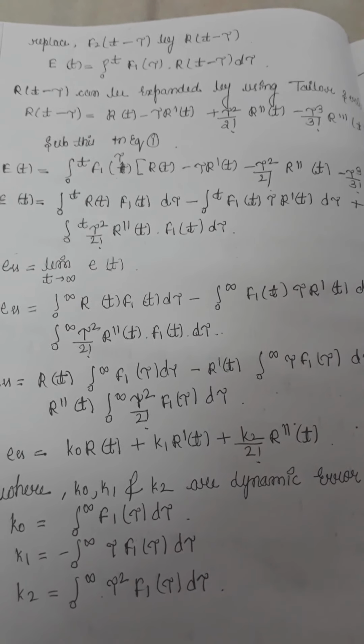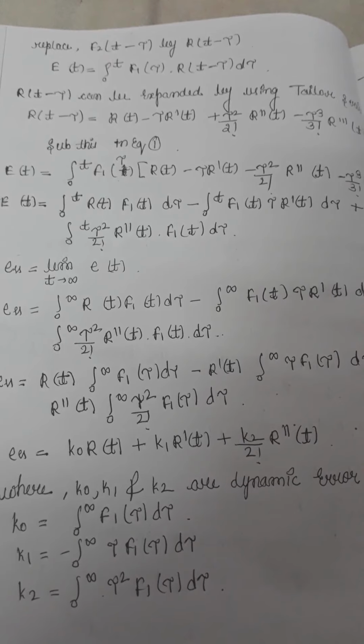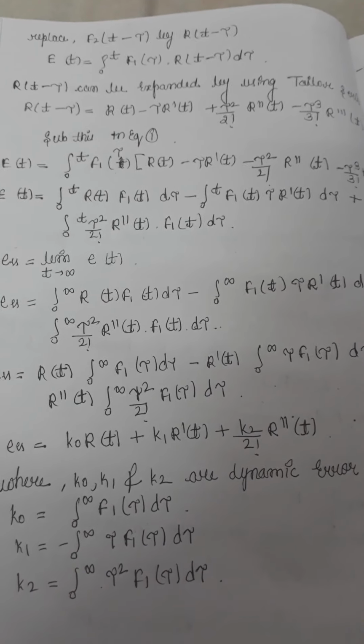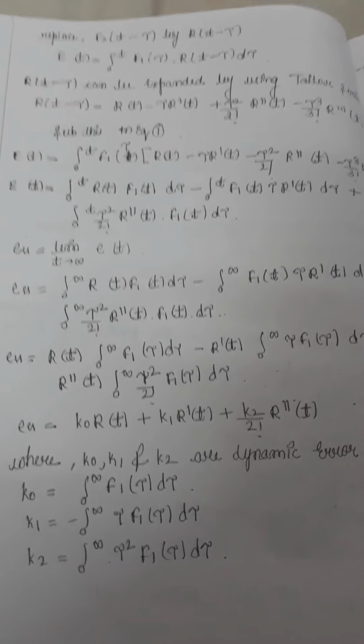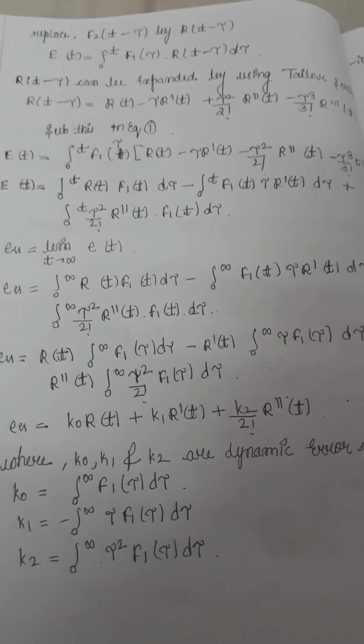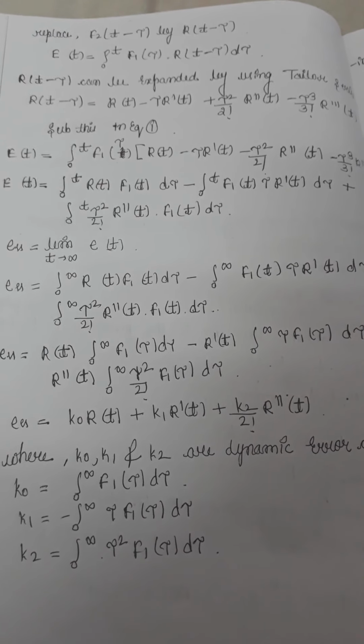Substituting this in equation number 1, that is the e(t) equation, after substitution you will get f1(tau) into this r(t minus tau) bracket.